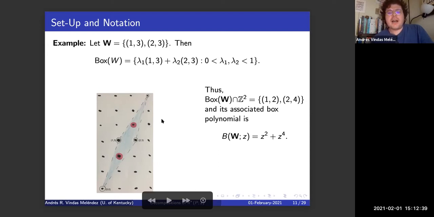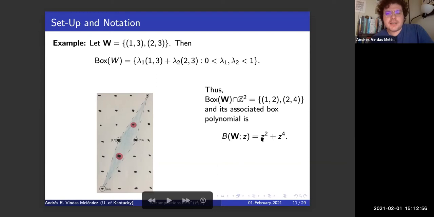And so, as I said, we're going to associate a box polynomial, which is the sum of z to the last coordinates of the integer points. In this case, I have (2,4) and (1,2).